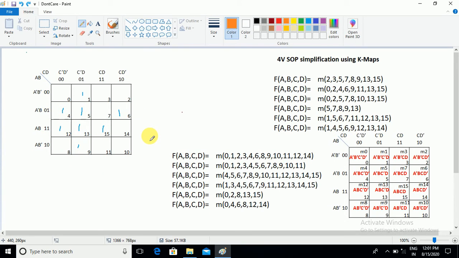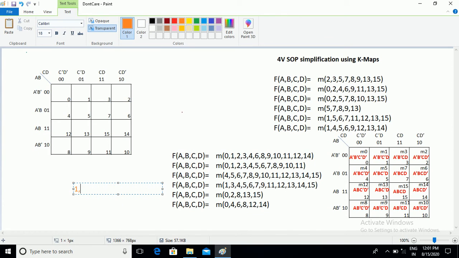Another problem which is somewhat related to the same one. Here I am taking that problem. In case 1, 5, 6, 7, 11, 12, 13 and 14. In case these terms are selected, then what could be the answer?